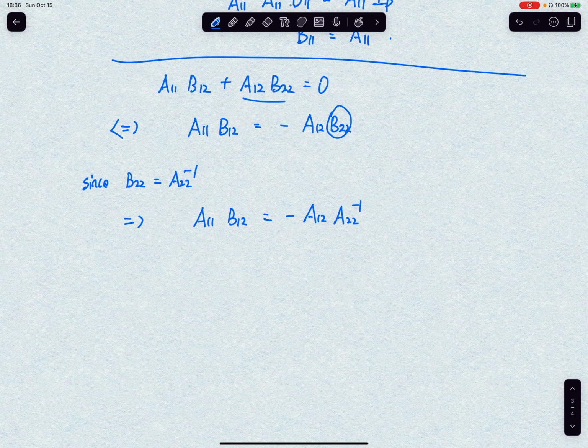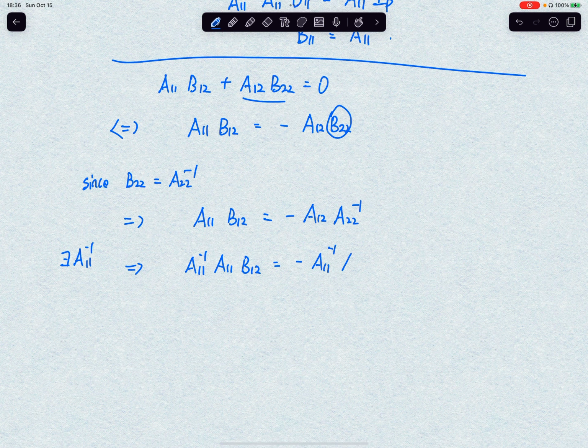And since A11 is invertible, A11 inverse exists, so we can multiply by A11 inverse on the left. This gives us B12 equals minus A11 inverse A12 A22 inverse.